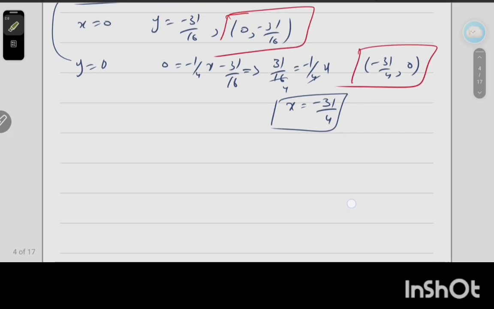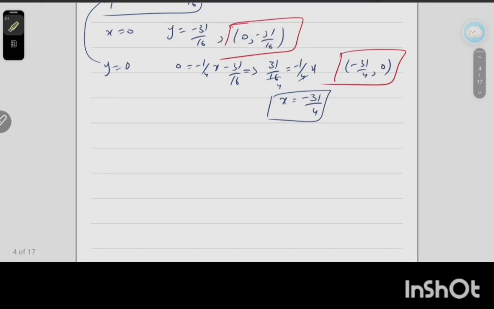Okay, now here we have to find the area of a triangle. The area of a triangle, very simple formula, is 1 by 2, with points 0, 0 the origin, minus 31 by 4, 0, and 0, minus 31 by 16.